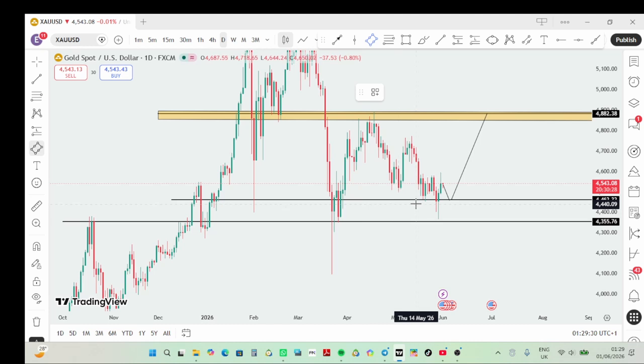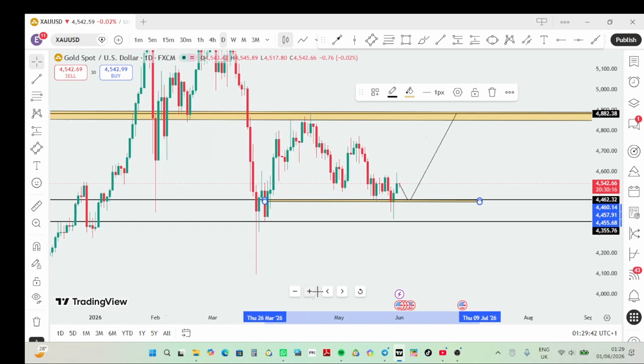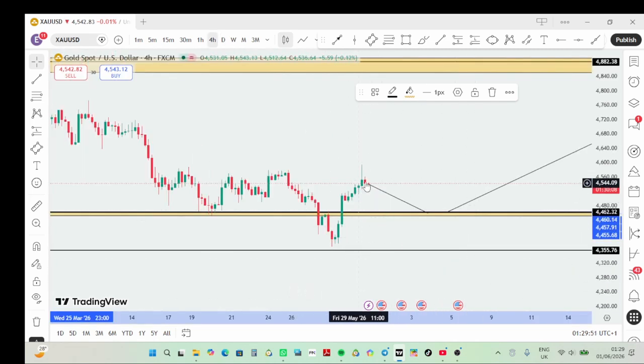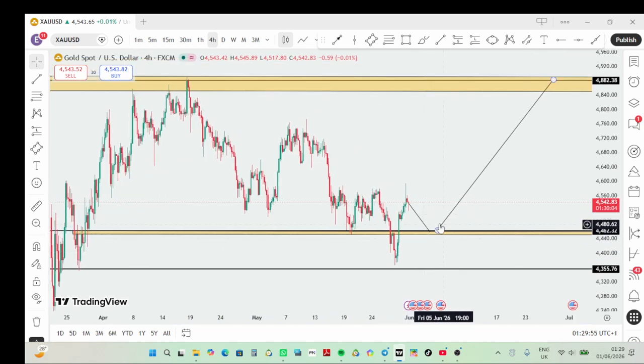My entry points are somewhere here. I like to use the daily entry rejection candlestick most times. It gives me more confidence to join the market at a safe haven. You can see on the 4 hours time frame, it bounced off this point.